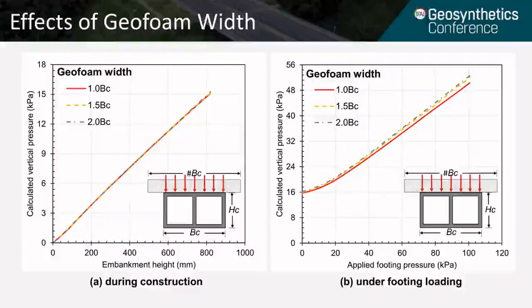However, as the applied footing pressure increased, as shown on the right side of the slide, the test with 1 BC has the least pressure increase on the culvert. So we conclude that having the same size of geofoam as the culvert can reduce the pressure effectively.